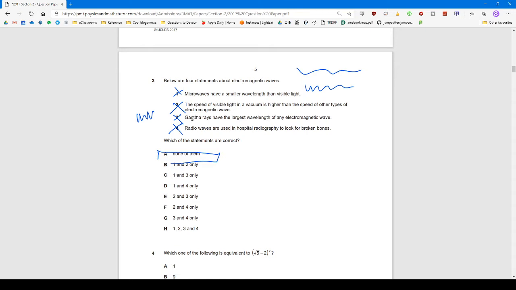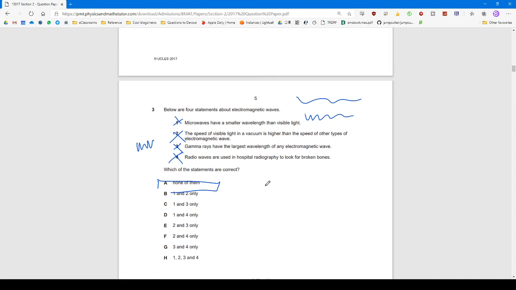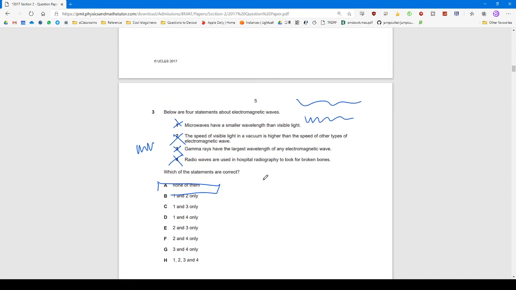and it relies on a bit of background knowledge about physics, which is to say that as the waves get more energetic, as you move up the electromagnetic spectrum, you go from gamma rays, which are the most energetic, to radio waves, which are the least energetic. And visible light is somewhere here, and microwaves are between radio and visible light, and so on.